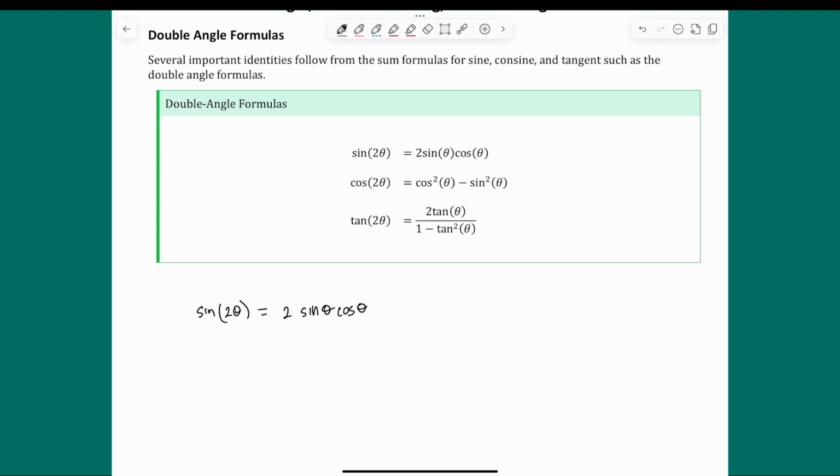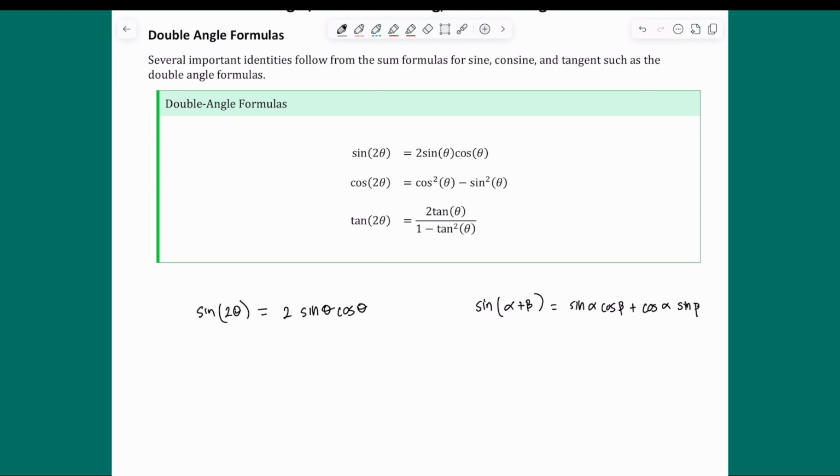This basically follows from our sum formula for sine. If you recall, sine of alpha plus beta is equal to sine of alpha cosine of beta plus cosine of alpha times sine of beta.